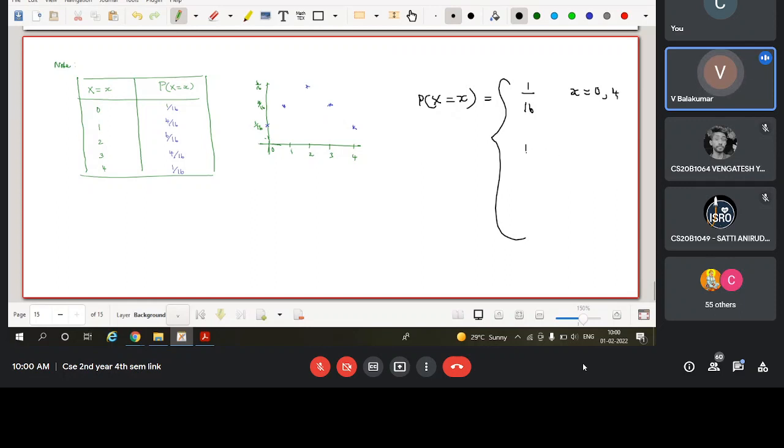This probability is 4 by 16 if x equals, I am writing from the table, 1 or 3. Otherwise, it is 6 by 16 if x equals 2.